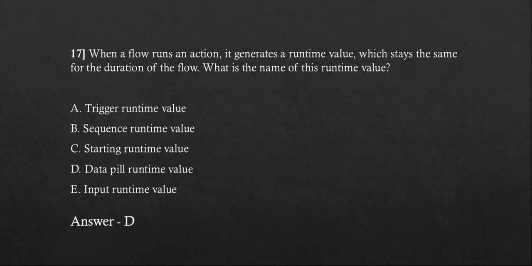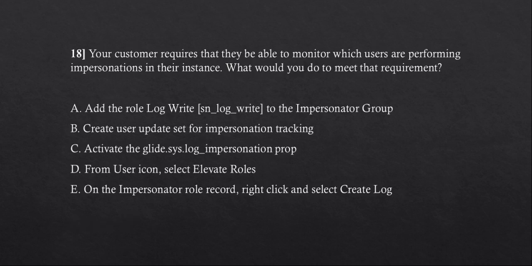Next question. 18. Your customer requires that they be able to monitor which users are performing impersonations in their instance. What would you do to meet that requirement? A. Add the role log right sn_log_right to the impersonator group. B. Create user update set for impersonation tracking.